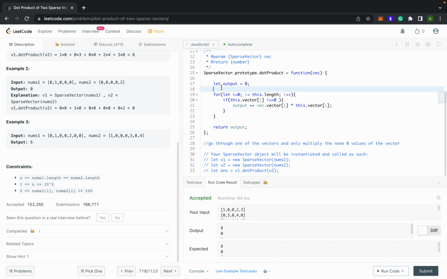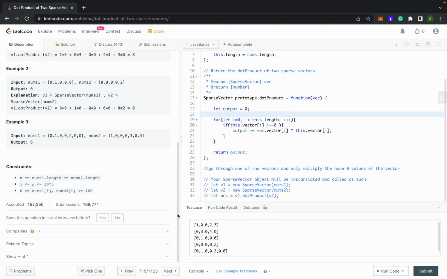Okay, so instead of having to go through every single item in the array to find the values, or wait, before that, let's assume, can we have an empty array? No, we can't have an empty array, which is good. Okay, that's fine.